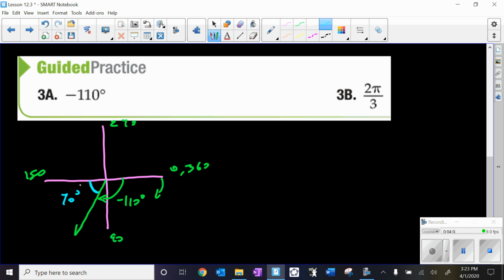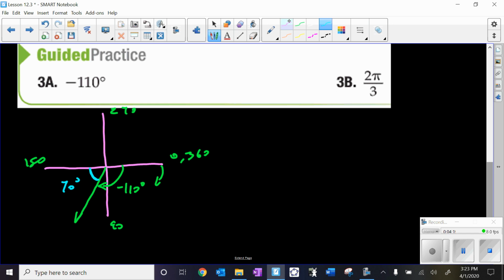Radians is a little bit harder for us to do. If you want, you may certainly change radians to degrees, and then you can find your reference angle and then convert your reference angle back to radians again. That's perfectly fine. I'm going to show you how we can find it just using radians.